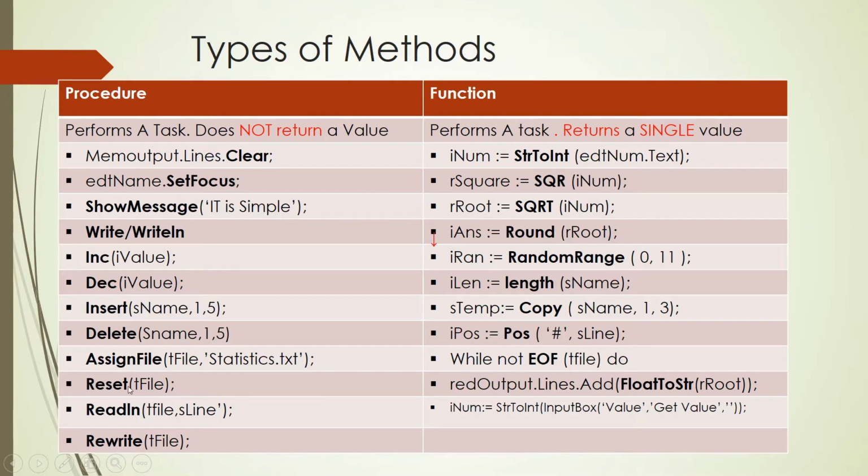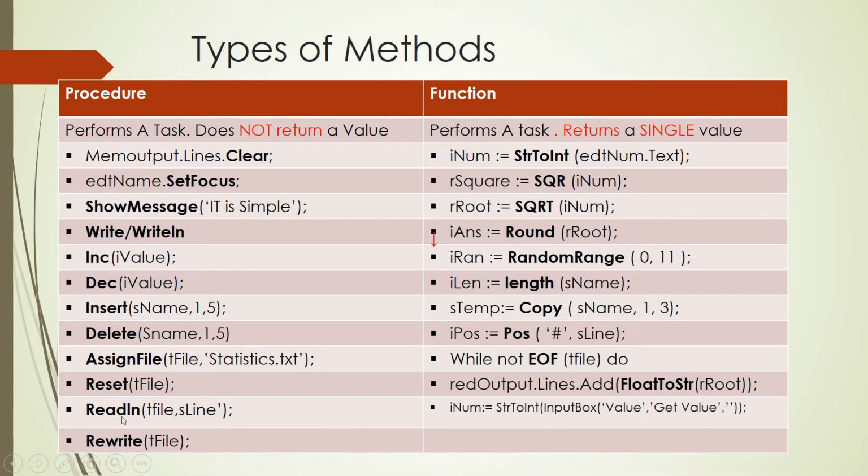file and reset, readLn and rewrite. These are the procedures we used very recently in text files. Assign file created the link between the logical file and the physical file. Reset took the file pointer to the beginning of the file and prepared the file for reading from the file.